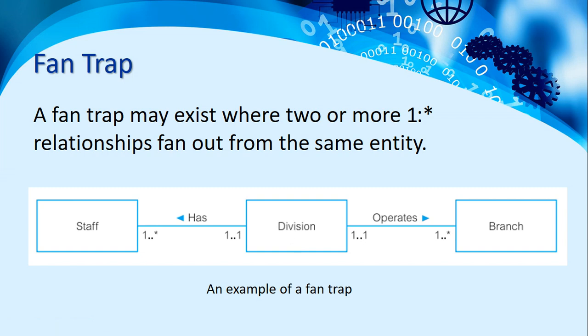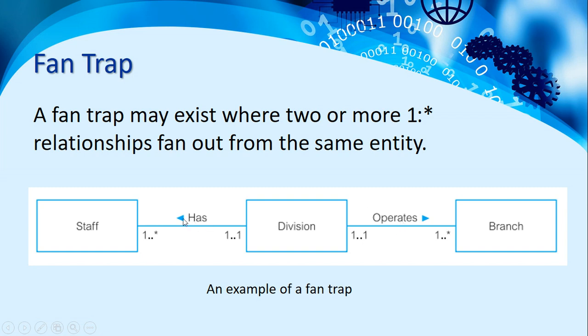However, a problem arises when we want to know which members of staff work at a certain branch. To better understand the problem, we will examine some occurrences of the has and operates relationships.